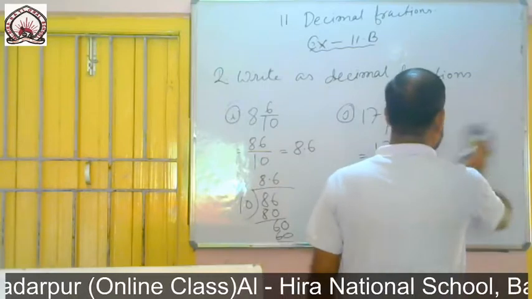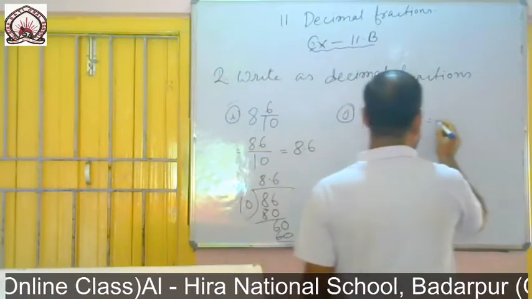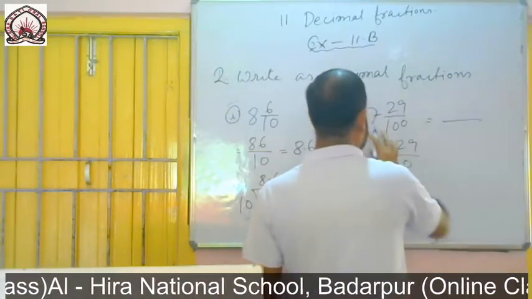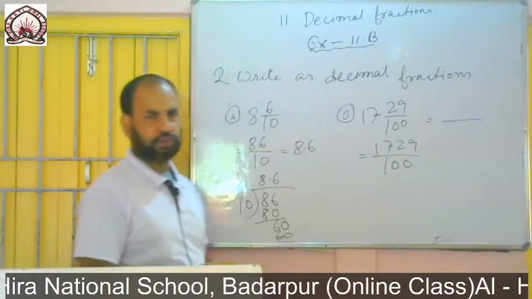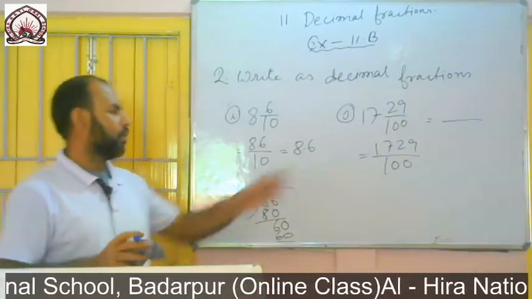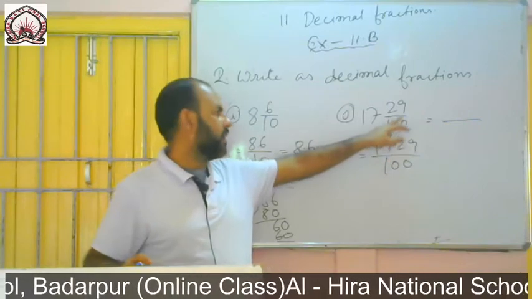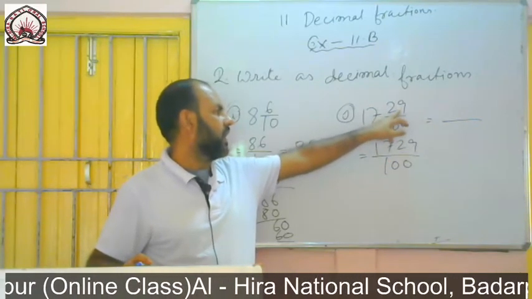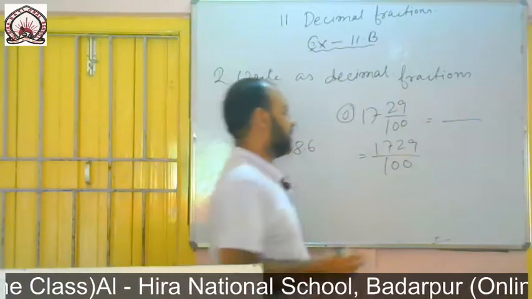So how do we get this? Once again I am showing. To change a mixed fraction to an improper fraction, whole number into denominator, plus numerator by denominator.